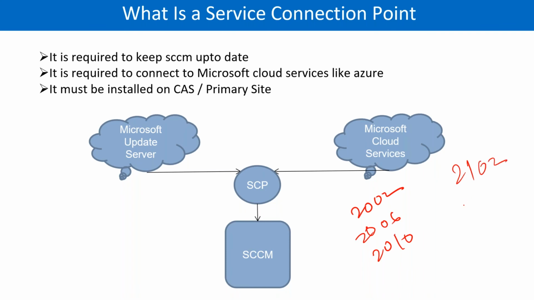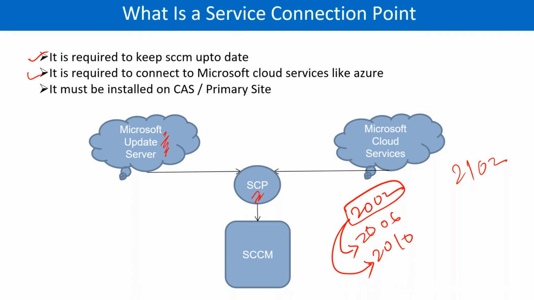So in order to update your SCCM, we need the service connection point. Let's say today you are on this version and you would like to go to the next one. The service connection point will keep checking with the Microsoft update server. If any new update is available, it will say yes, 2010 is available, and give you a notification. You can download and install. So it is required to keep your SCCM up to date.